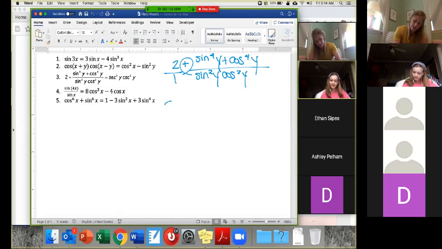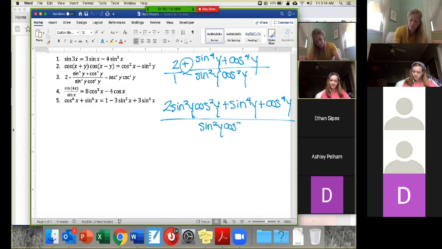So it would look like 2 sine squared y cosine squared y plus sine to the fourth plus cosine to the fourth, all over sine squared y cosine squared y. Now I could have shown another step in there in multiplying the top and the bottom, but I could also just state multiply top and bottom by the same thing to get common denominator.